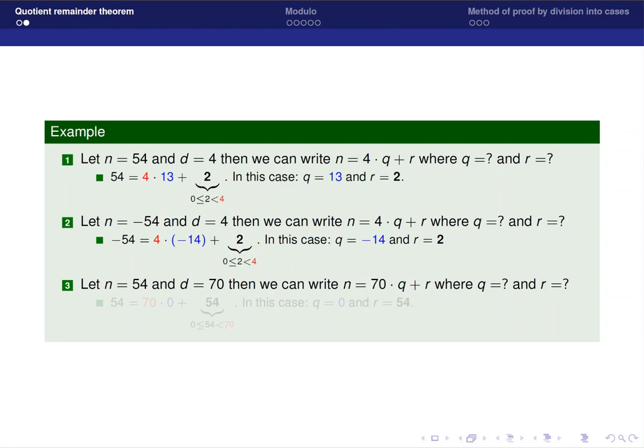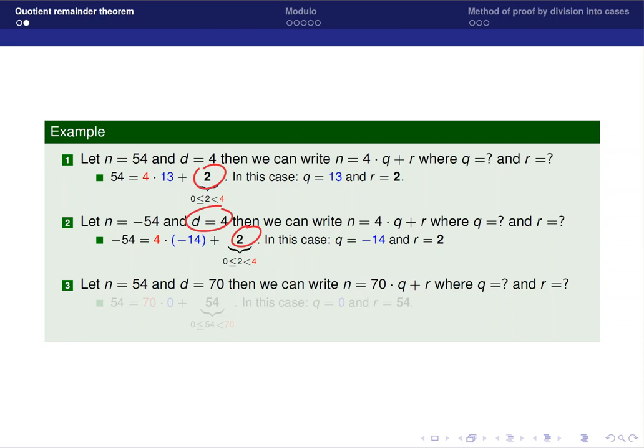In my case, negative 54 turns out to be 4 times negative 14 plus the remainder, which is 2. It is a coincidence that the remainder here and in the first problem were the same. They don't have to be the same. The special thing about the remainder is it's a number that is greater than or equal to 0, but less than the divisor, in this case 4.